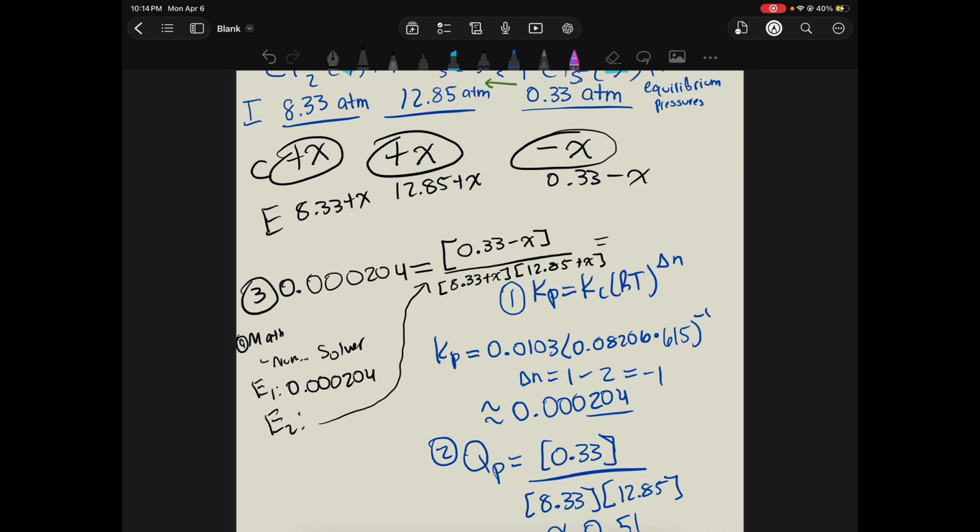Then we set x equal to 0 on the calculator, and it comes out with an x value of about 0.30 or about 0.31.